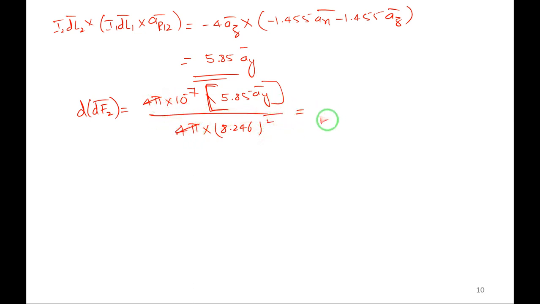So we will divide and calculate how much we get. 5.85 divided by 8.246 whole squared. I am getting 0.0860 into 10 power minus 7 newtons. Usually we will express in minus 6 or something like that. Let me check.